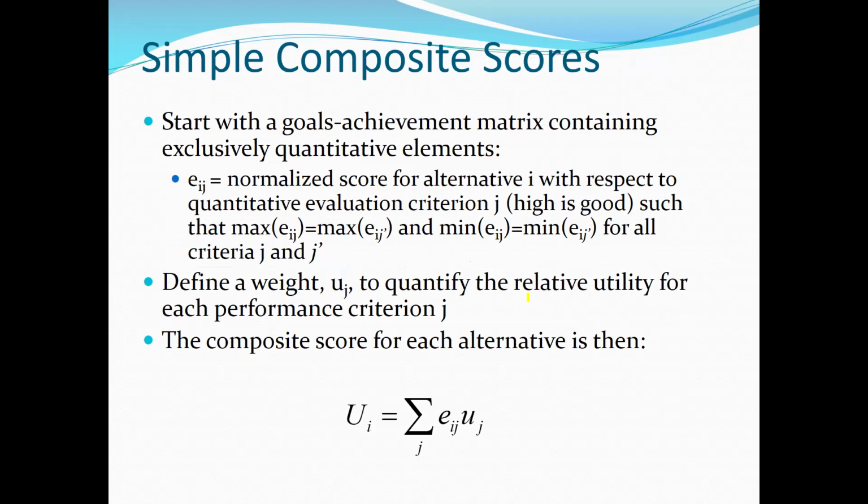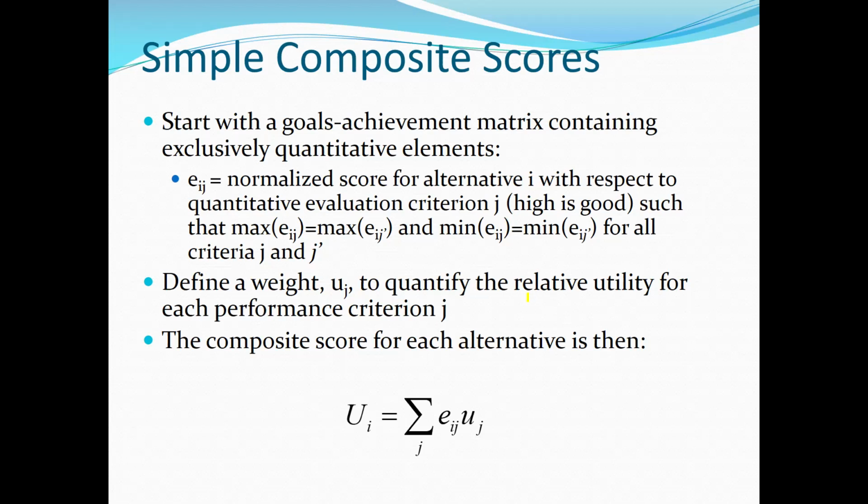Simple composite scores start with a goal achievement matrix containing exclusively quantitative elements. And then you come up with an e_ij, the normalized score for each alternative i with respect to quantitative criterion j. So basically you're normalizing it such that anytime a composite has a higher score, it's good.